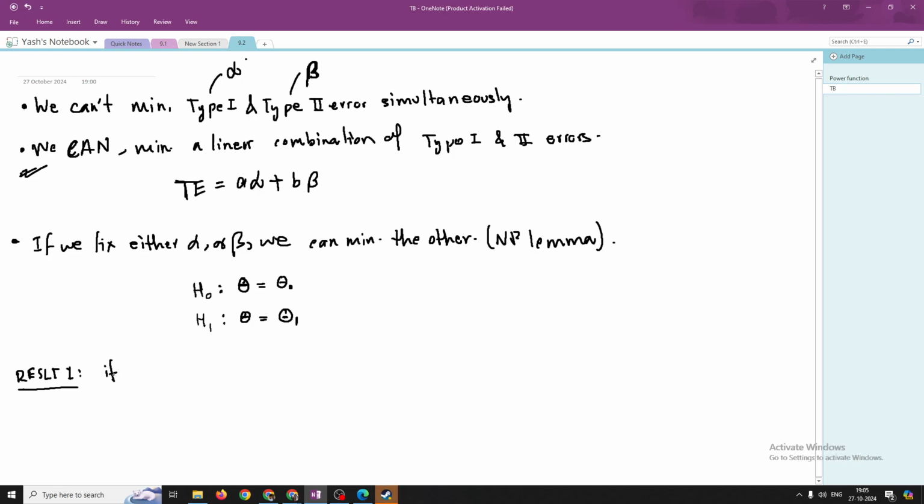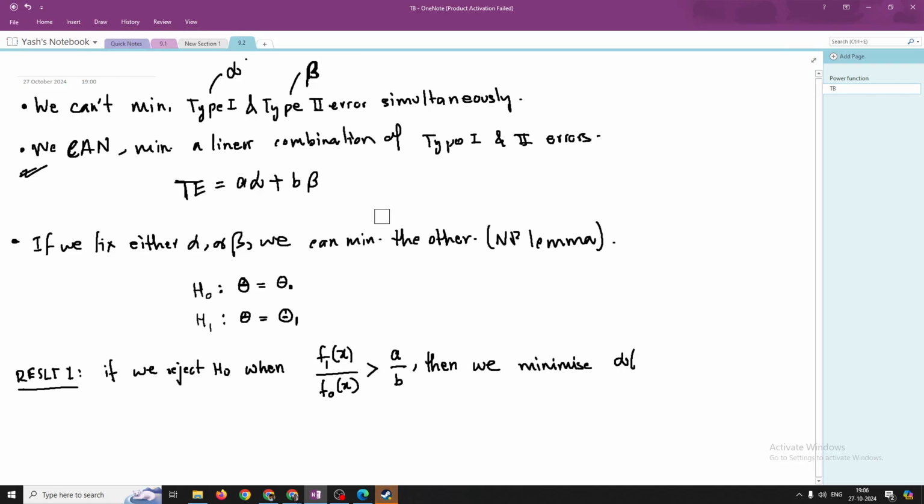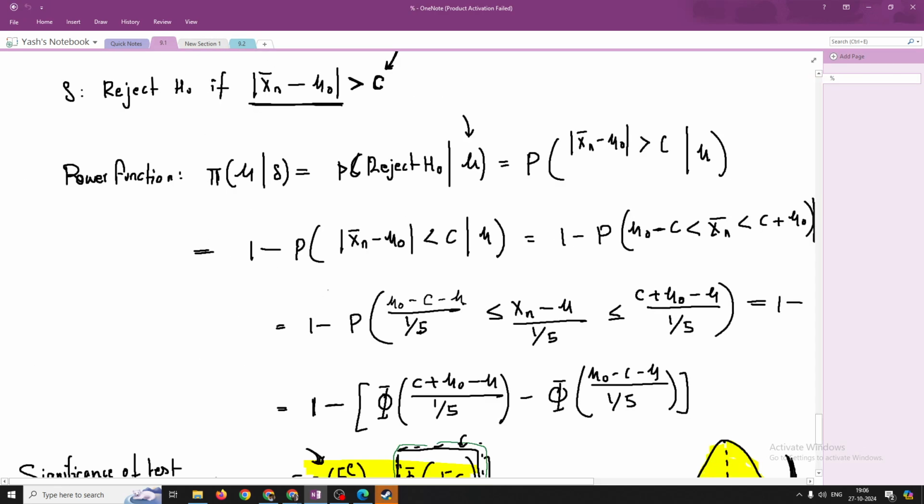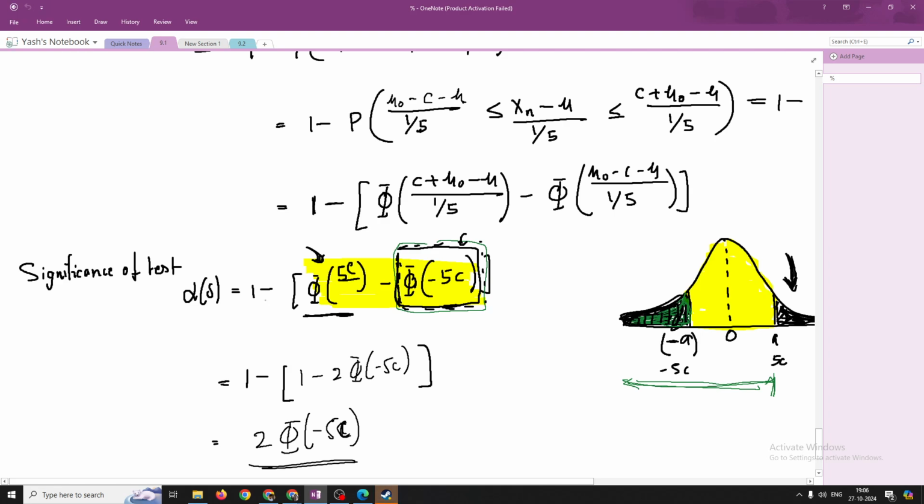So result 1 says that if we reject h naught when f1 of x divided by f naught of x is greater than a by b, then we minimize alpha times a plus beta times b. Right, so at this point, in the earlier chapter, 9.1, we were more interested in calculating the power function and errors.